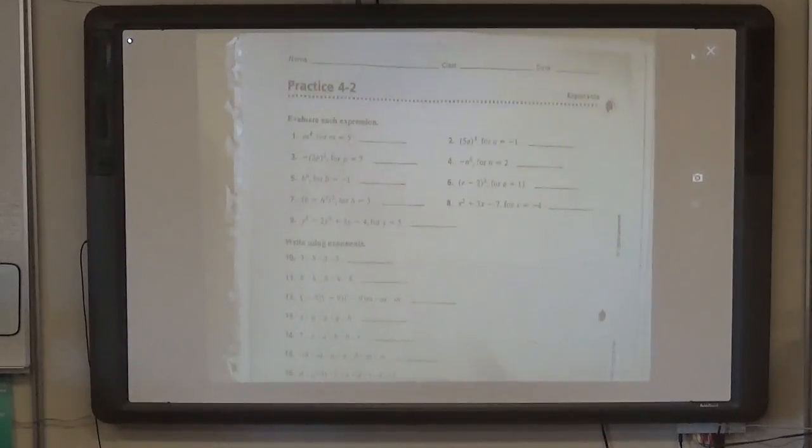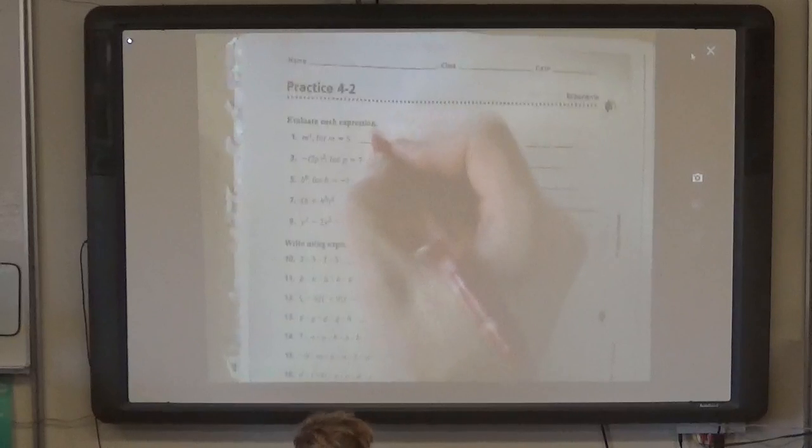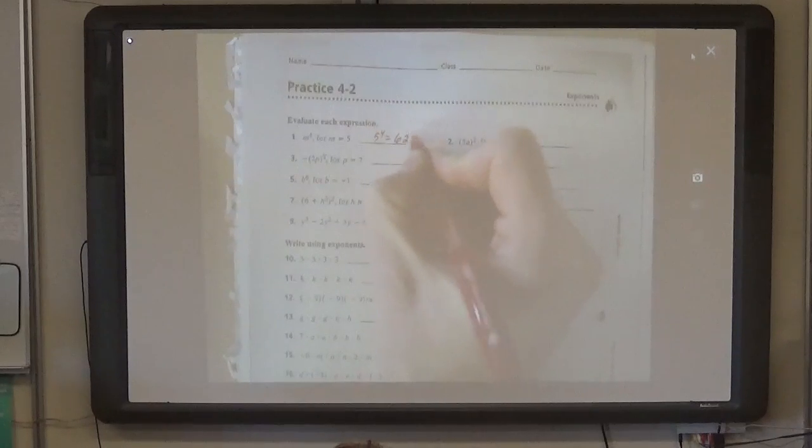Let's do the odds going down this column right here. M to the 4th power: 5 to the 4th power is 625.